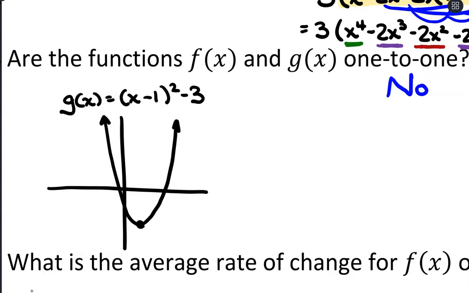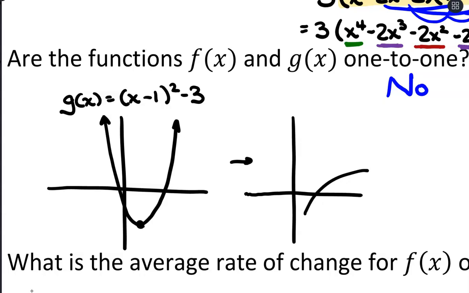So what we're going to do is when I create the inverse, I want to have a square root function, something like this. So even if my vertex is 1, negative 3, my vertex is going to move to negative 3, positive 1, right? Because the x's and y's switch. And then let's say I want to have it go this way. So if we have that coordinate there, that would be a 0.